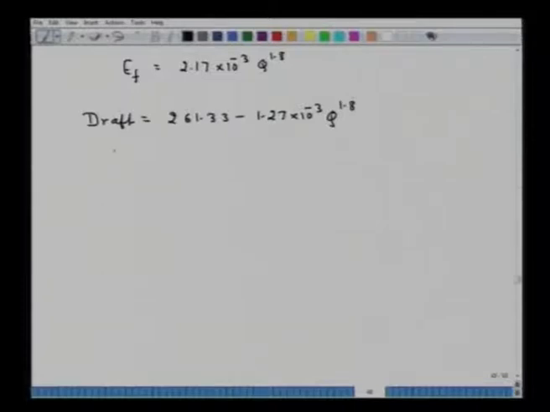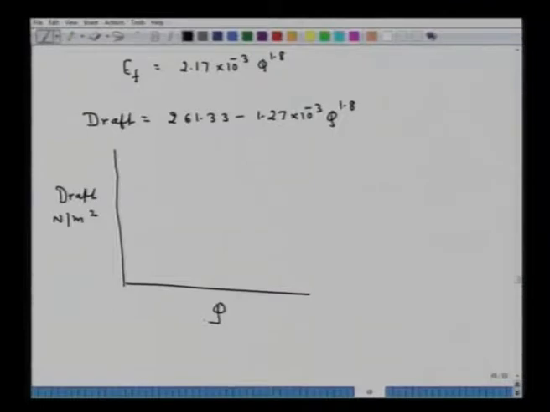So now I have to plot this value. So I put here draft, say in Newton per meter square, and put here Q. So at Q is equal to 0, the draft is 261.33.